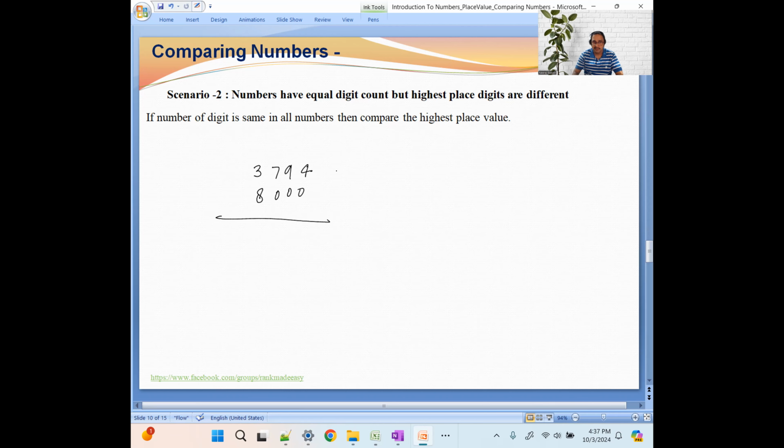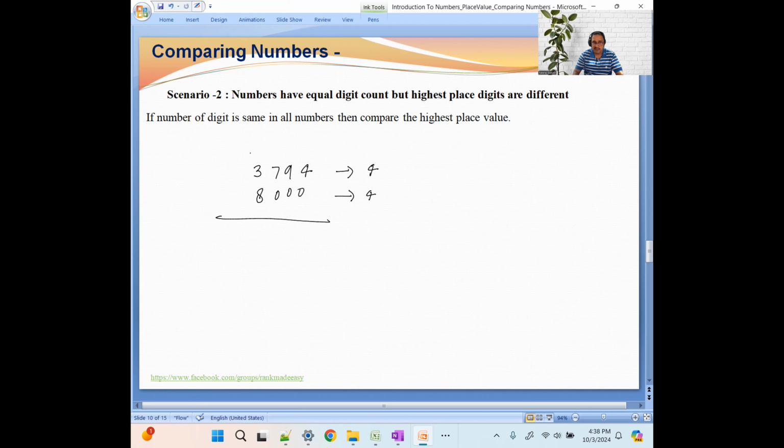First number has 4 digits. Second number also has 4 digits. In that case, what you have to check is the digit in the first number and second number on the leftmost side. The number with the bigger digit on the leftmost side will be the bigger number.